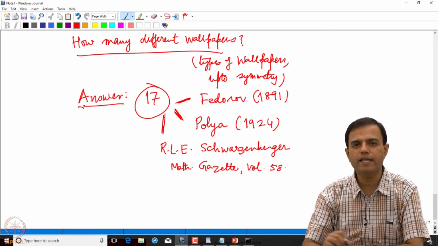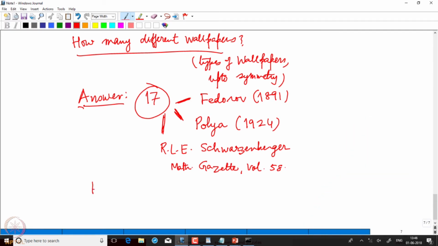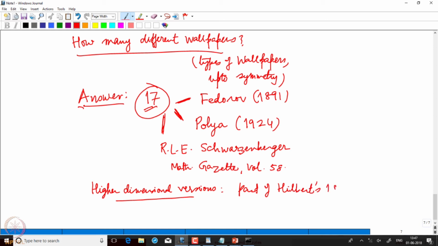In fact, there are some higher dimension versions of this. And in higher dimensions, higher than 4, the question of how many different wallpaper patterns there are is still open, and higher dimension versions were part of Hilbert's 18th problem.